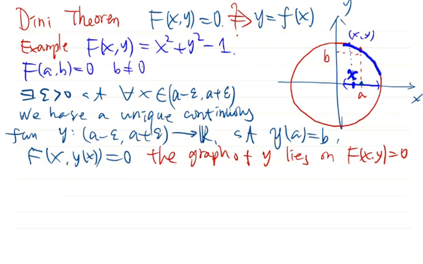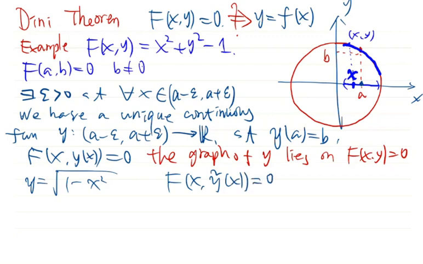Okay, actually this y, we can write the expression for this y. y is the square root of 1 minus x squared. Of course, we have another continuous function y tilde such that F(x, y tilde(x)) is 0. The y tilde is minus the square root of 1 minus x squared.